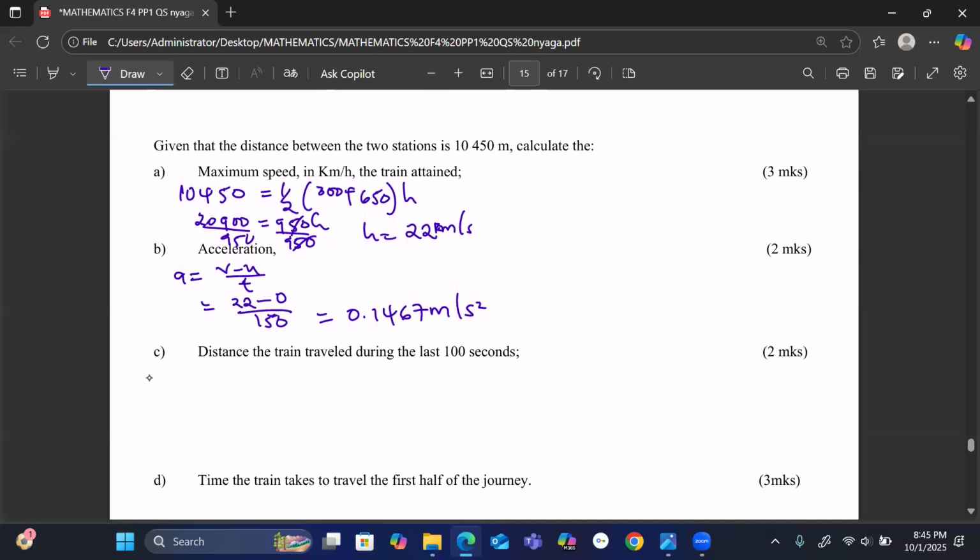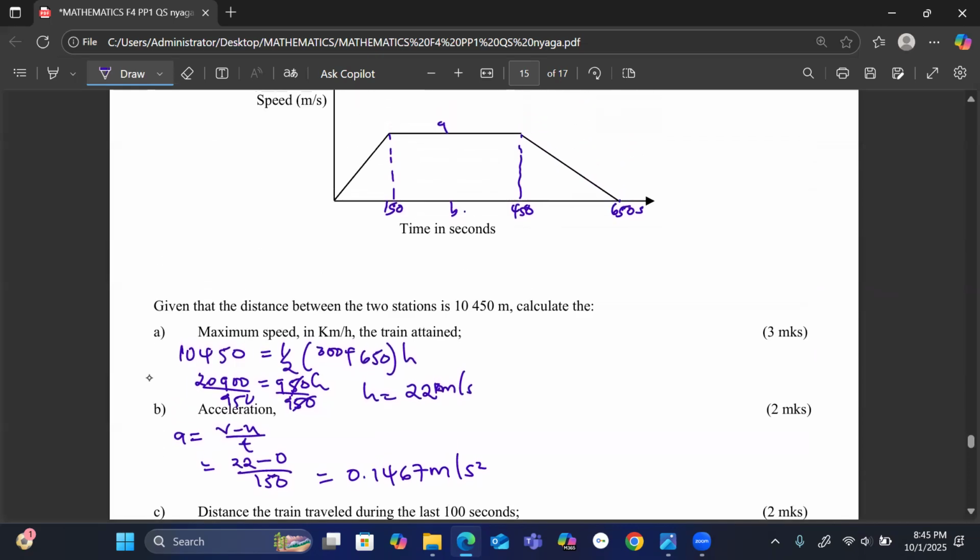Then the distance the train traveled during the last 100 seconds. So for the last 100 seconds, it was 200 seconds, so we can divide it into 2, half of it, so that we have 100 seconds, then 100 seconds.